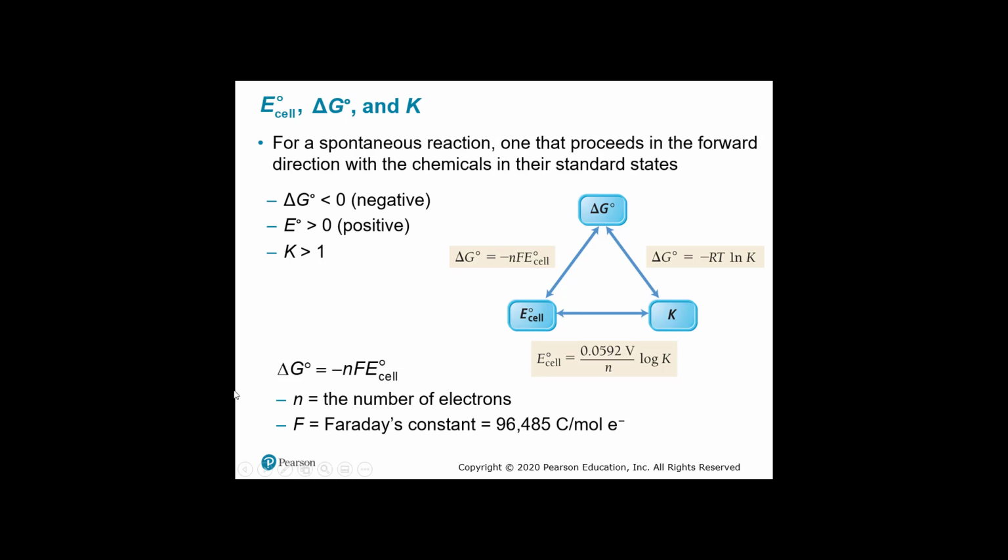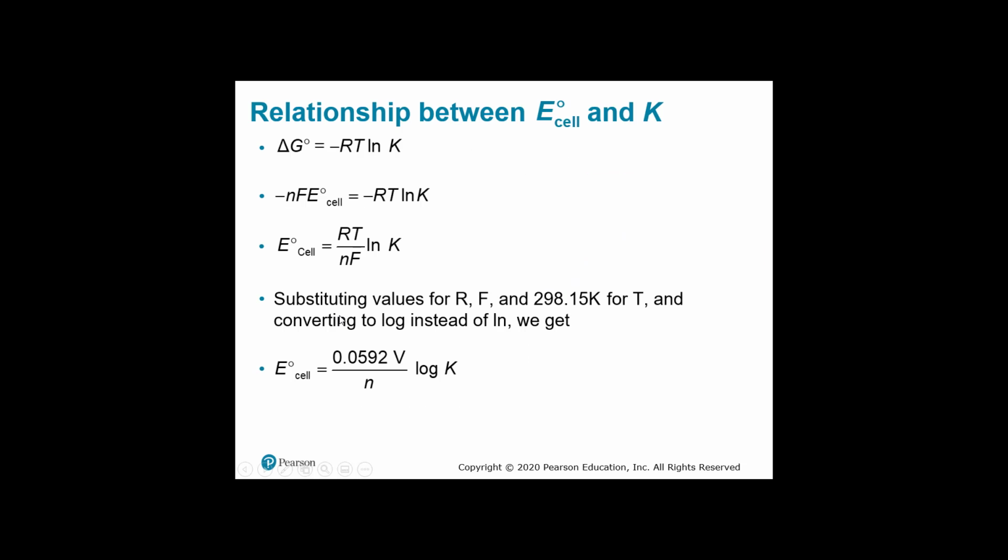When we look here, this is just breaking down this information so you can see what these stand for. Obviously, if it doesn't meet these conditions, then you're looking at something that is non-spontaneous. So if it's non-spontaneous, this is going to be positive, this is going to be negative, and this is going to be less than 1. Everything that's the exact opposite means that it's non-spontaneous.